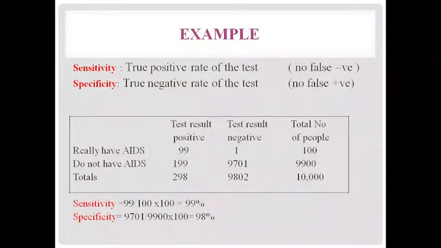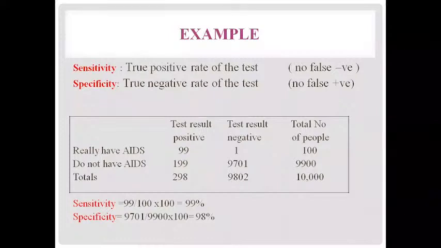Now, if you want to do the calculation, I'm just giving you an example. We have talked about sensitivity as the true positives, okay? And specificity as the true negatives. Now, if you have, for example, 100 HIV and AIDS cases, you run them, and you find that 99 out of 100 are testing positive, and only one is testing negative.